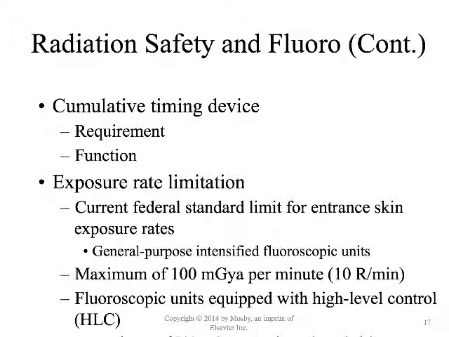And that makes sense, right? Because we've said, 100 milligray per minute. If we were to do that for 10 minutes, guess what? We just hit the threshold for cataracts, right? And if the 10-minute fluoro timer sounds, you just hit the threshold for cataracts. Something to know.